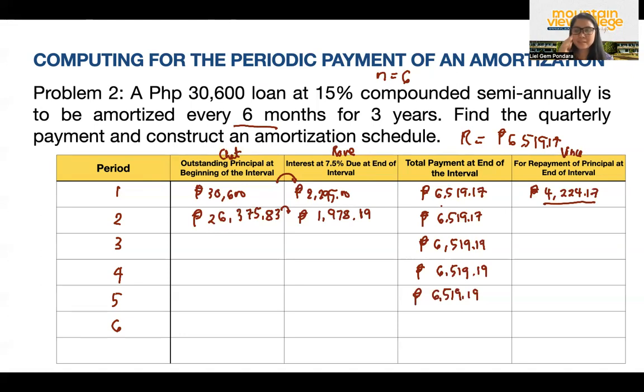Vince, how much is that payment? 4,540.98. Very good. I'll subtract this from the principal. We have 26,375.83 minus 4,540.98. That is 21,834.85. Rovi, how much is the interest?